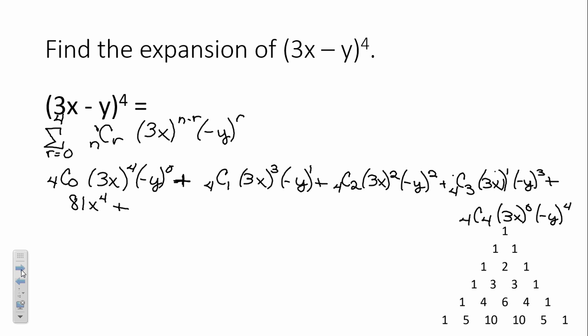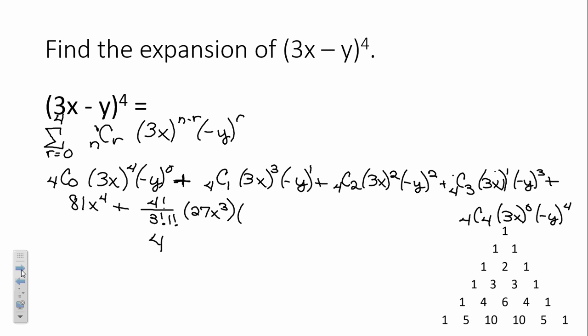This is going to be a 4 factorial over 4 minus 1 times 1 factorial. So 4 times 3 times 2 times 1 over 3 times 2 times 1 is going to get us a 4. And then we have 8 times a 3x cubed, 27x cubed, right?